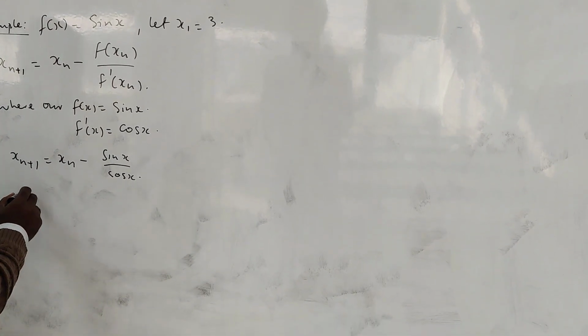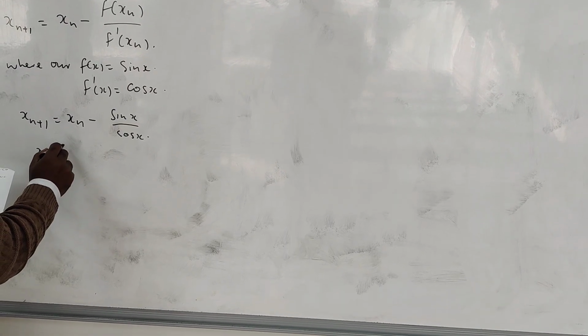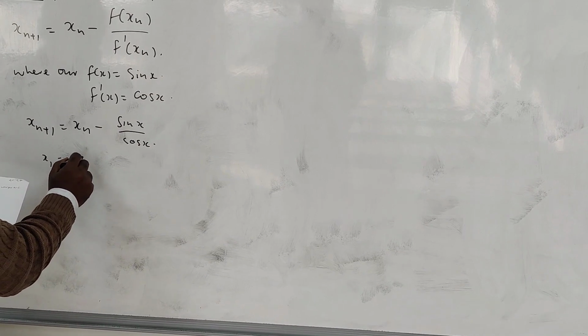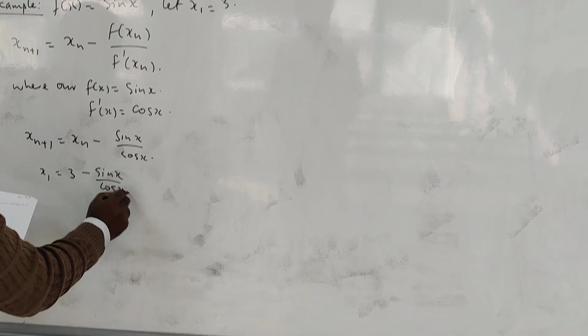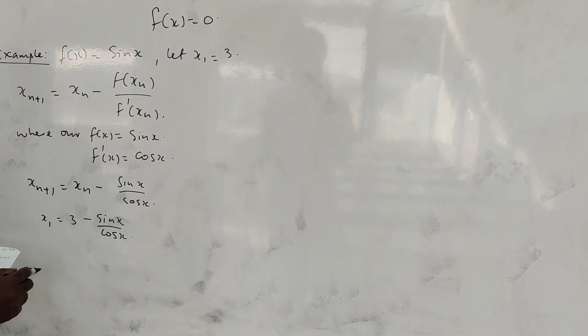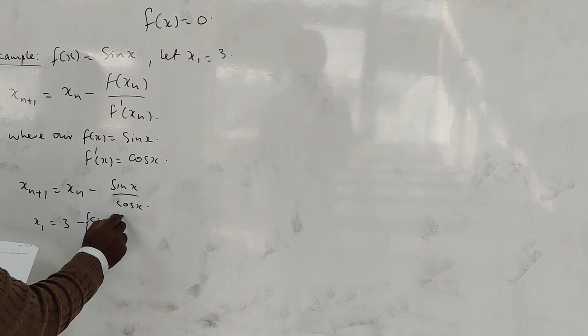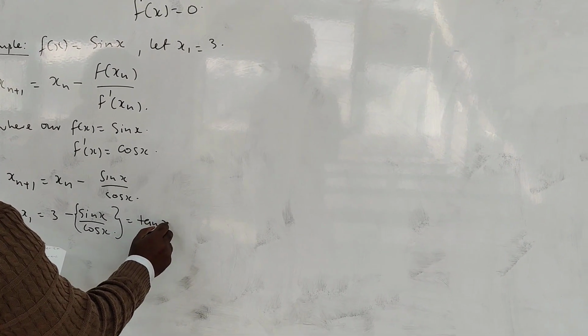So when n is equal to 1, we have x2 equals 3 minus sine x over cos x. Now from our trigonometric identity, sine x over cos x is the same thing as tan x.